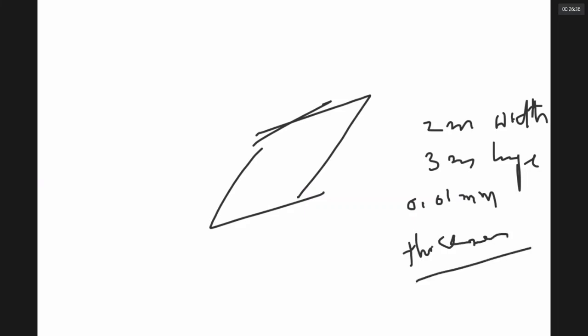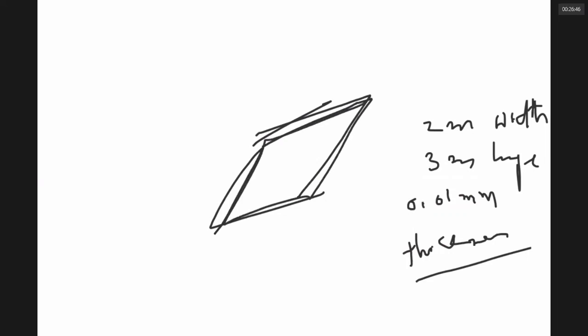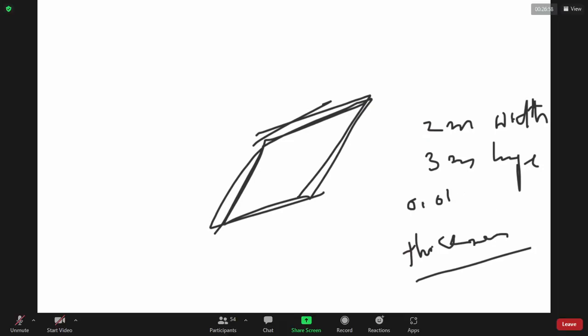If you want to coat copper over a plate of these dimensions, what are the dimensions? 2 meters width, 3 meters long, 0.01 meter, let us say, not millimeter, thick. Copper coating is applied on one side.